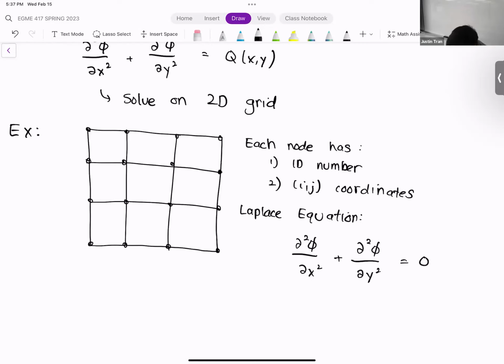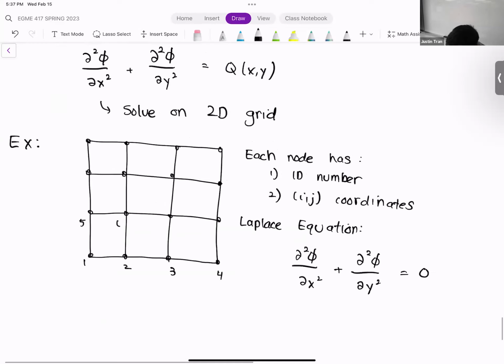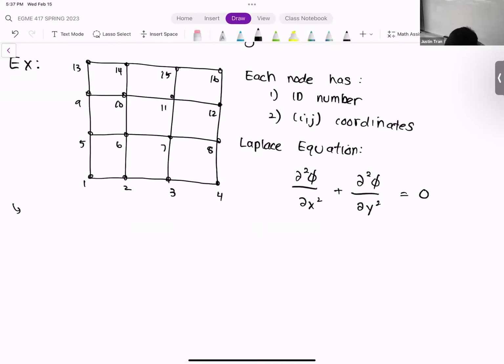All right. And so actually, let me label these with their ID numbers just so I can refer to them in this example. I'm going to label this exactly as I did before. We have 1 through 16. For this example, I want to apply our finite difference formula to write down the finite difference equation for a couple nodes here.